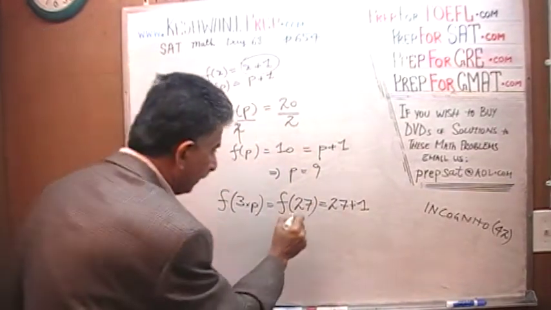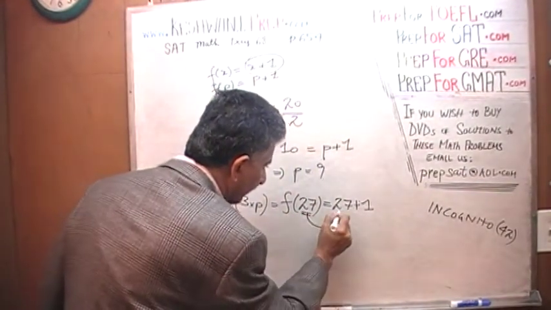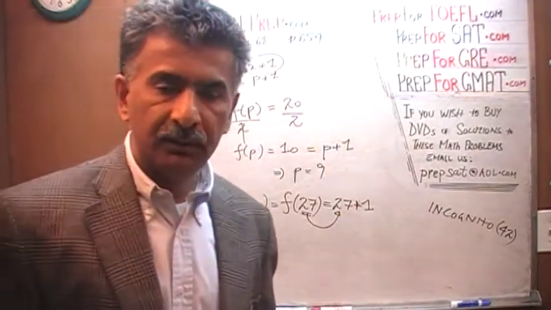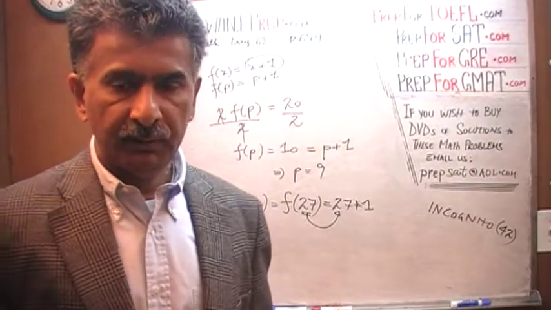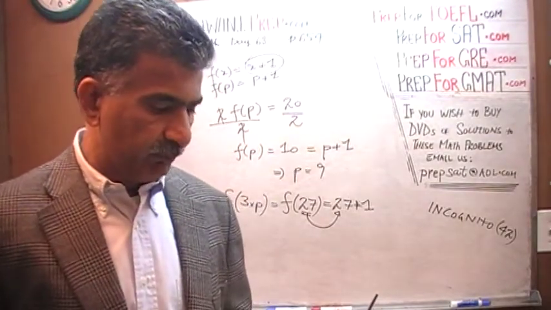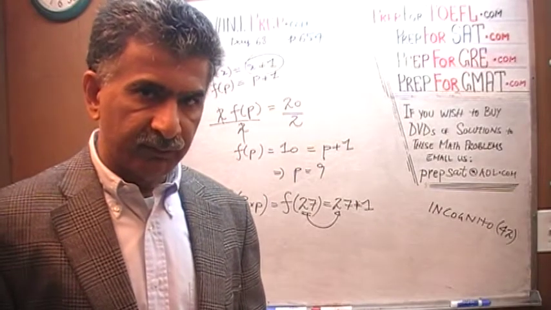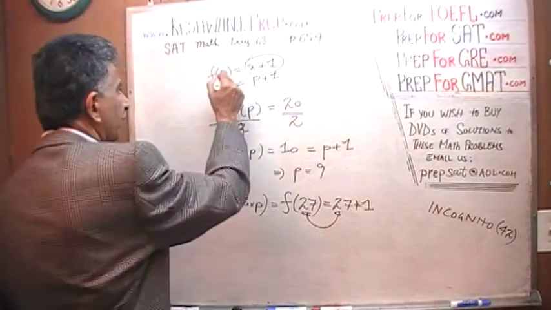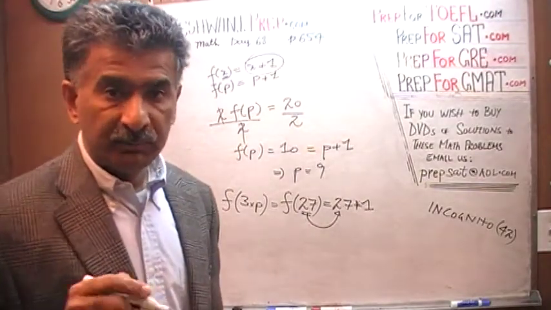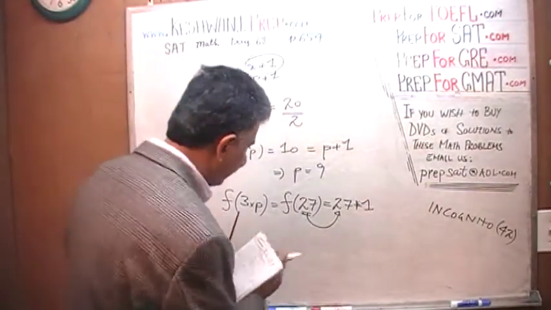Whatever the value of the independent variable is, the function is that value plus 1 more. So if x is 27, the value of the function is just 27 plus 1. F of 3p, the value of the function when the independent variable takes a value of 3p, equals 3p plus 1.